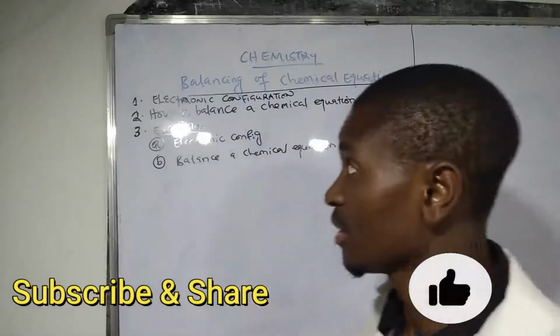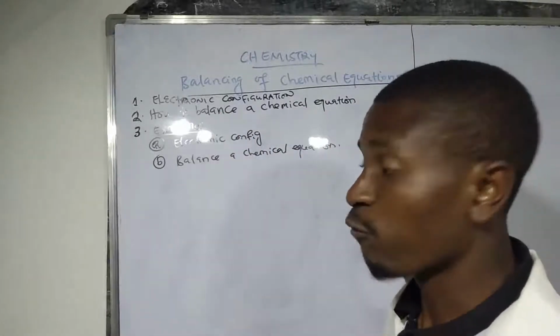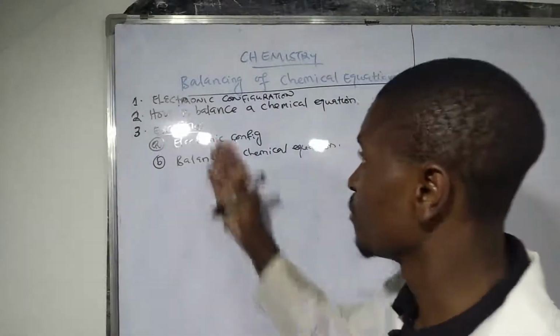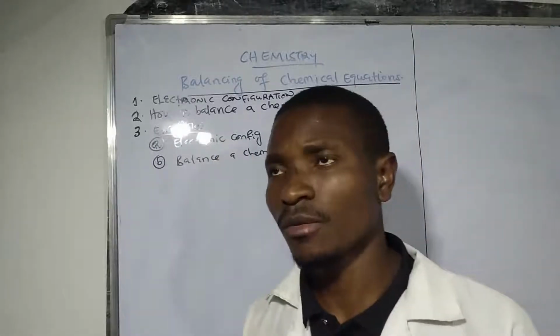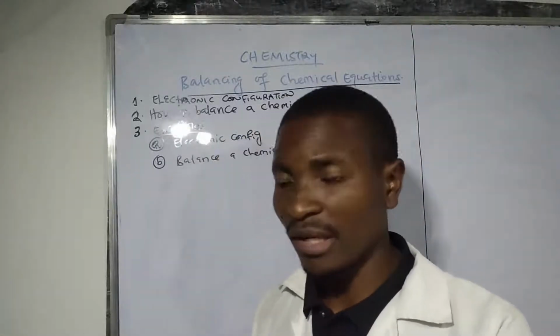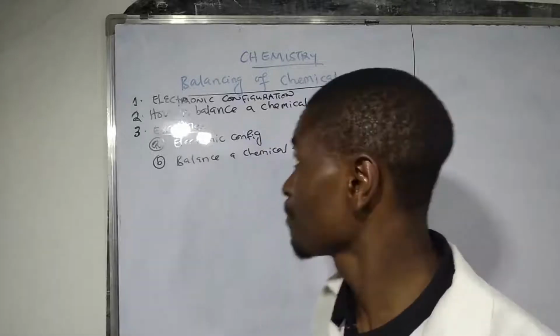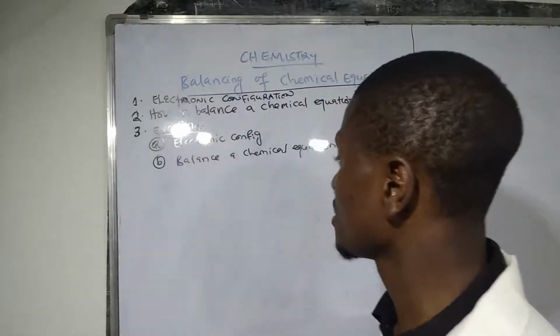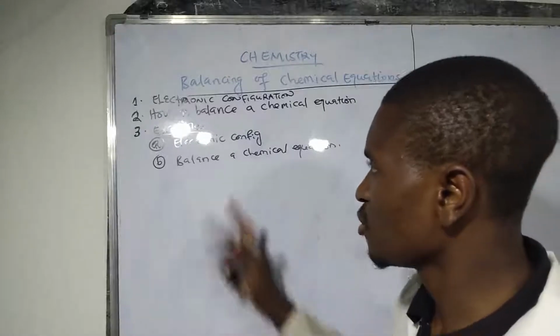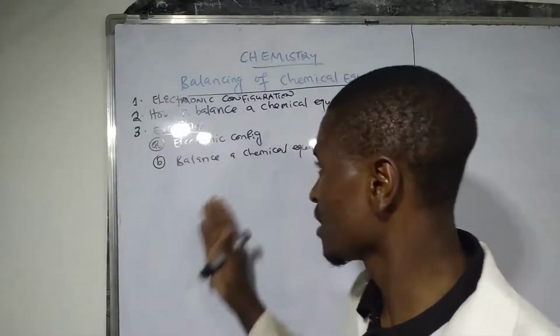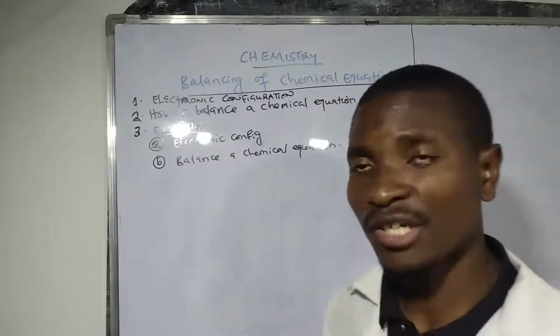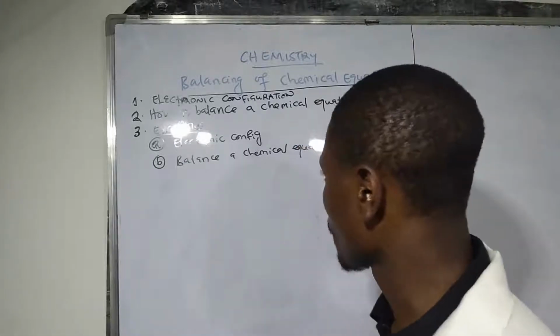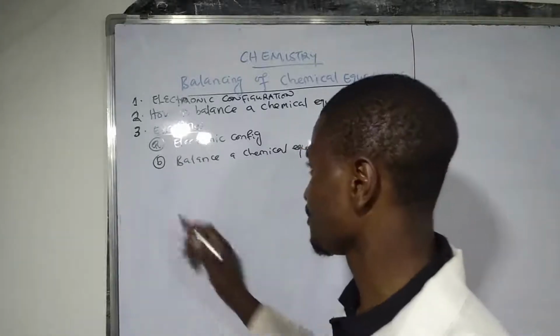Our main focus in this video is going to be on how we can do an electronic configuration of an element or just an atom, and also how we can balance the equation, and do examples about electronic configuration and balance an actual example of a chemical equation.